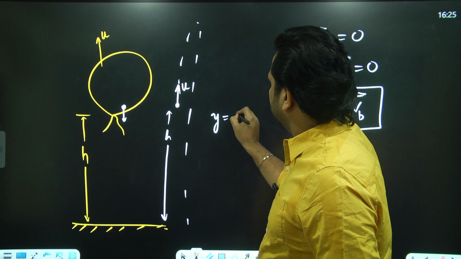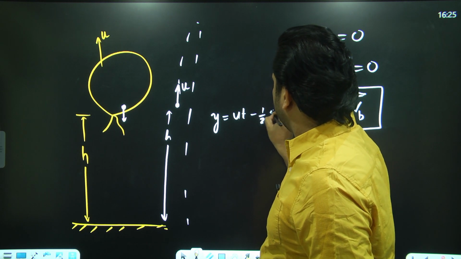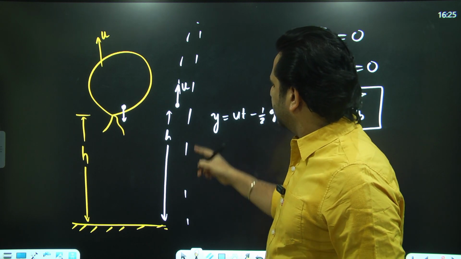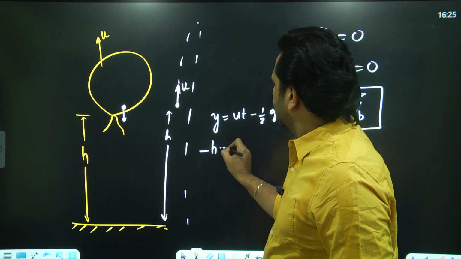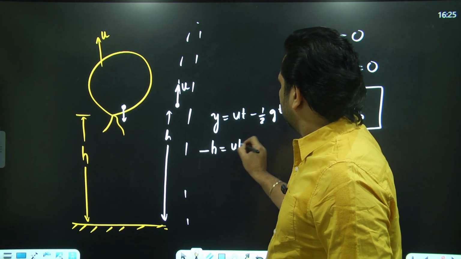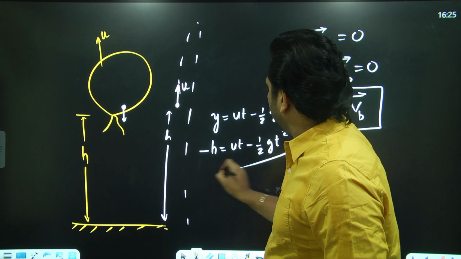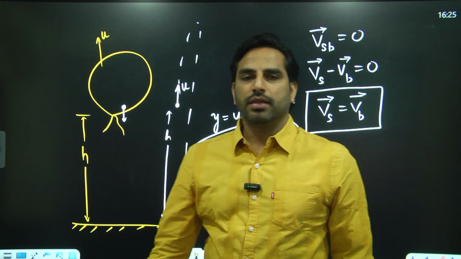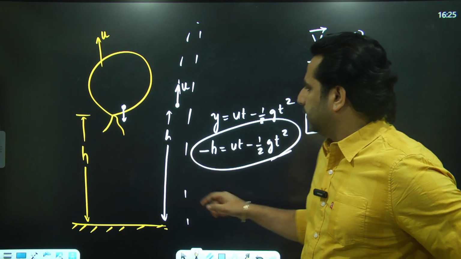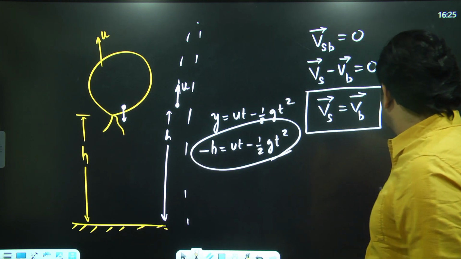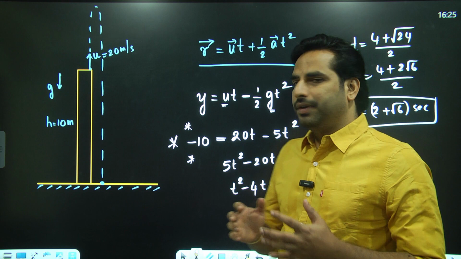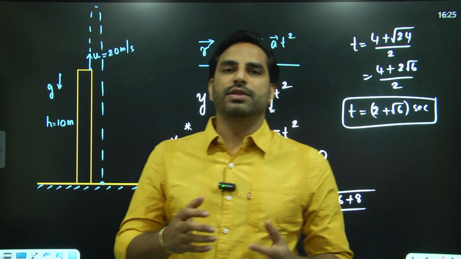Even in this case, y is equal to ut minus half gt square. To find the time of flight of the stone, I have to input minus h to y. So minus h is equal to ut minus half gt square. Solving this quadratic, we can find the time of flight of the stone. So this is how you clearly and perfectly apply or use a formula.